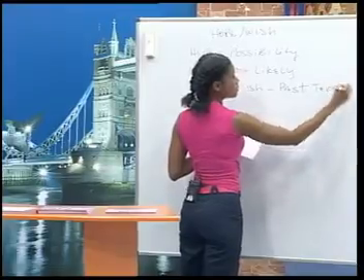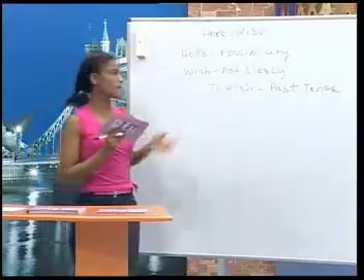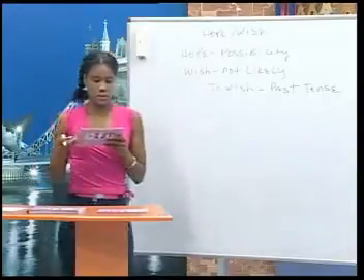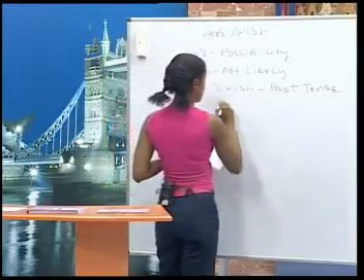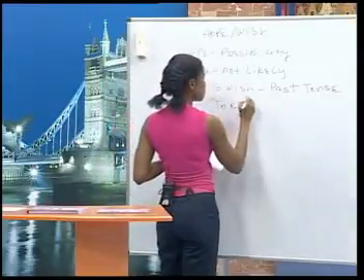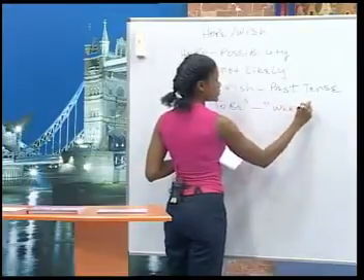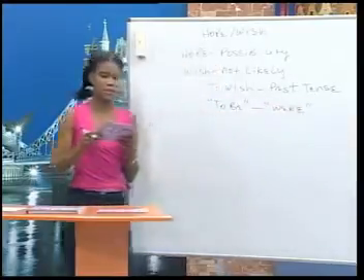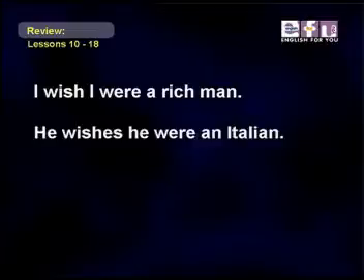This is to show the difference between reality and non-reality or fantasy. When we use the verb to be after wish, it's always in the form of were, no matter the subject. For example, I wish I were a rich man. He wishes he were an Italian.